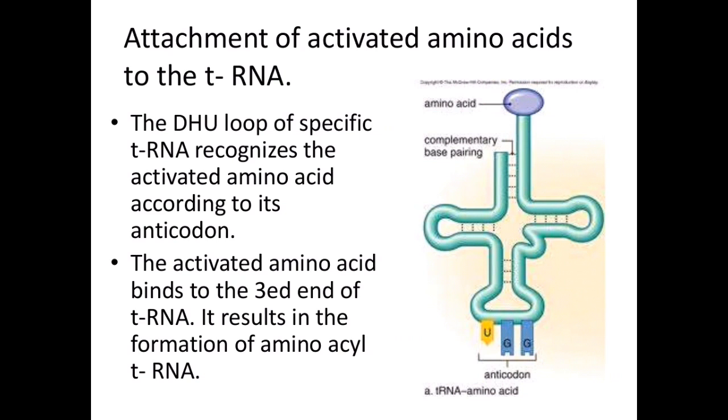Attachment of activated amino acids to the transfer RNA. The DHU loop of specific transfer RNA recognizes the activated amino acid according to its anticodon. The activated amino acid binds to the 3' end of the transfer RNA. It results in the formation of aminoacyl transfer RNA.